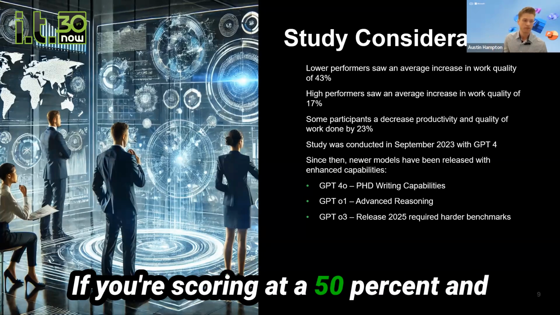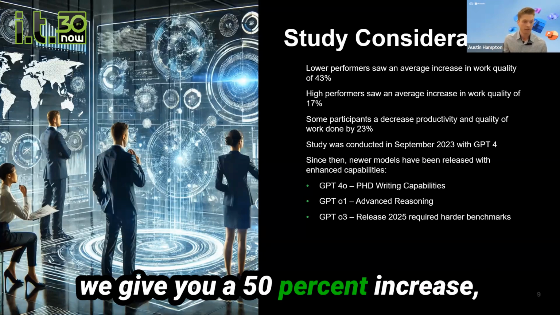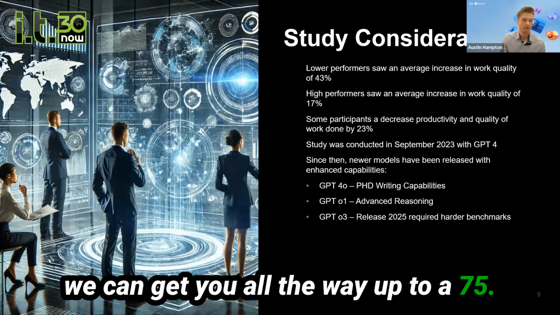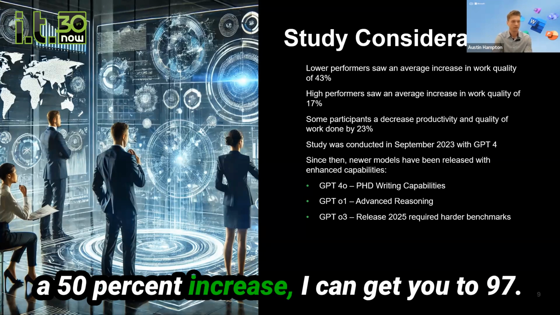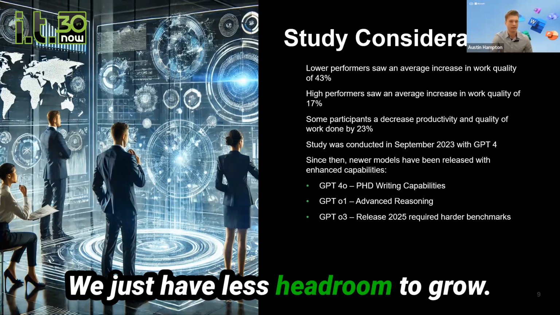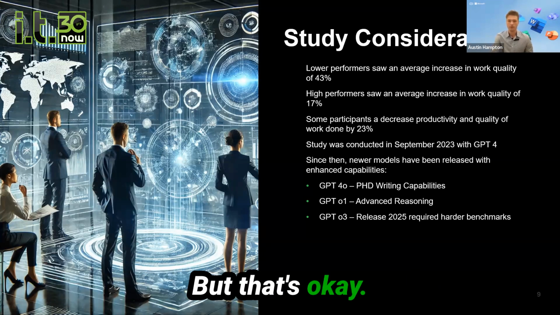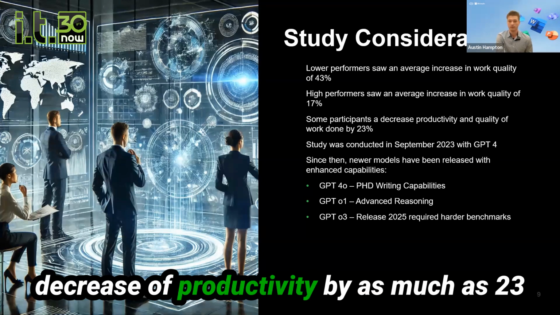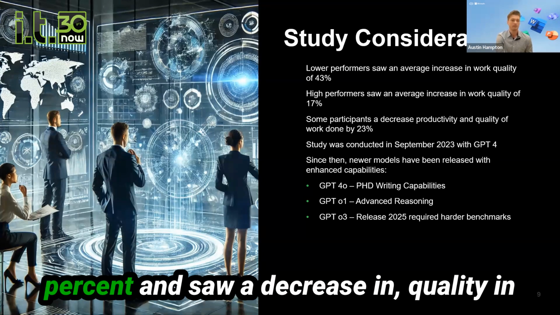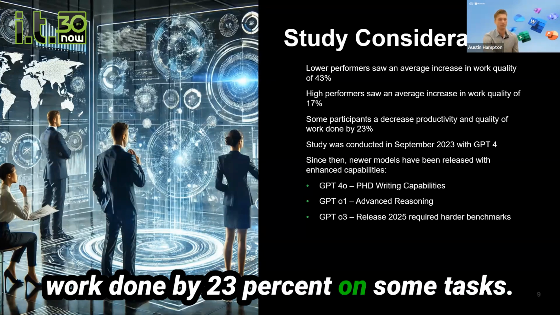If you're scoring at a 50% and we give you a 50% increase, we can get you all the way up to a 75. If you're rocking a 95% and I give you a 50% increase, I can get you to 97.5. We just have less headroom to grow, but that's okay. Some participants, however, saw a decrease of productivity by as much as 23% and saw a decrease in quality in work done by 23% on some tasks.